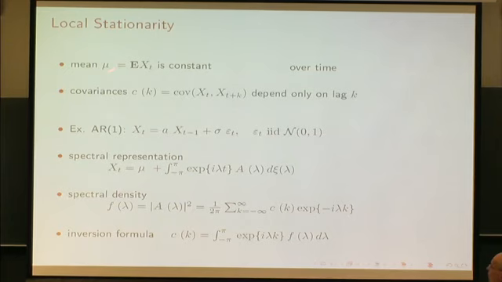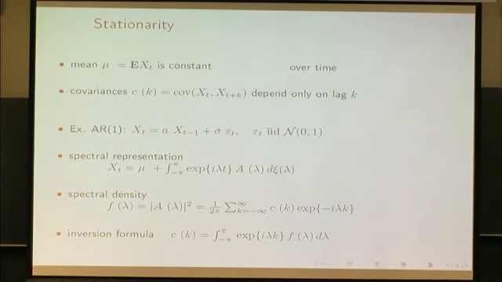So now let's look a little bit at stationarity. Stationarity typically means we have the mean, and we have the covariance, which depends just on the lag. Then we have the spectral representation of a stationary process, which is a Cramér representation. This looks pretty scary when you see the stochastic integral for the first time.